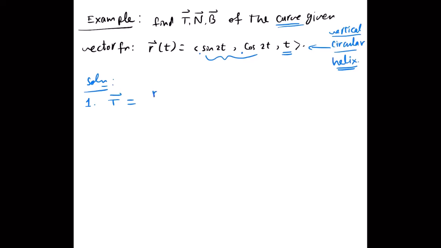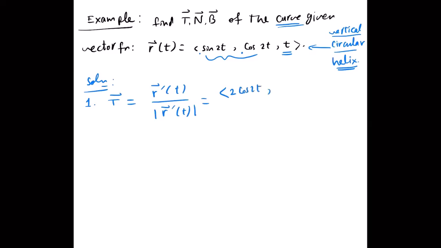What is the definition of T? R prime of t is a tangent vector. But we need a unit tangent vector, so we have to divide by its magnitude. So let's differentiate. This is easy. We differentiate every component with respect to time t. So it's cosine 2t, multiplied by the derivative of the argument, 2t, which gives you 2 cosine 2t.